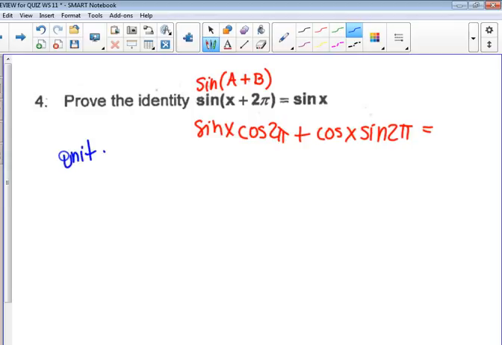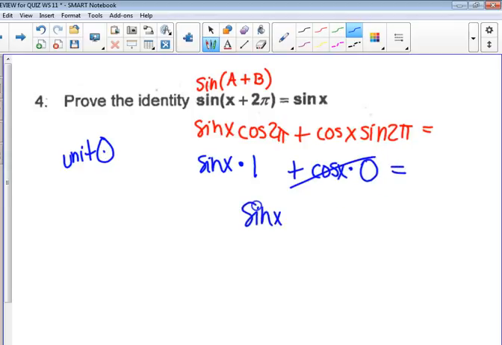Yes, let's go to our unit circle and put some values in. Sine of x is going to stay sine of x, but cosine of 2 pi is 1. Cosine of x is going to stay, but sine of 2 pi is 0. So this goes away, and we just get sine x equals sine x.